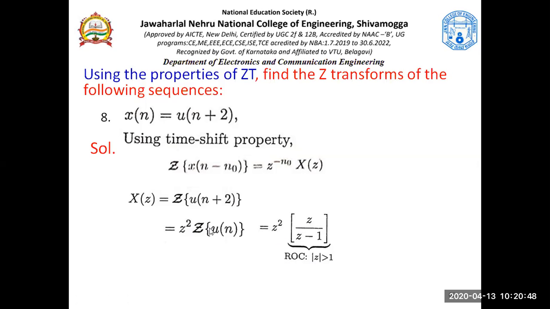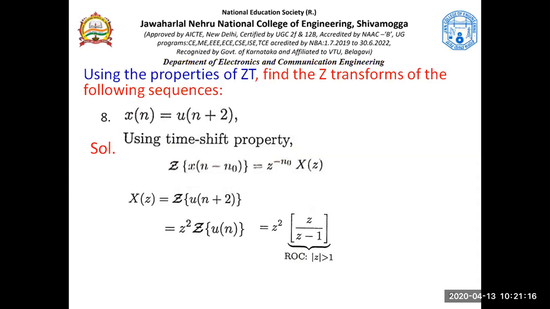This is of the form a to the power n u of n, where a is 1. The z transform of a to the power n u of n is z by z minus a with ROC |z| greater than |a|. Since a is 1 here, it is z by z minus 1 with ROC |z| greater than 1. This is something we have seen earlier when we found the z transform of u of n. Whatever results we have obtained, the same results are being used here.